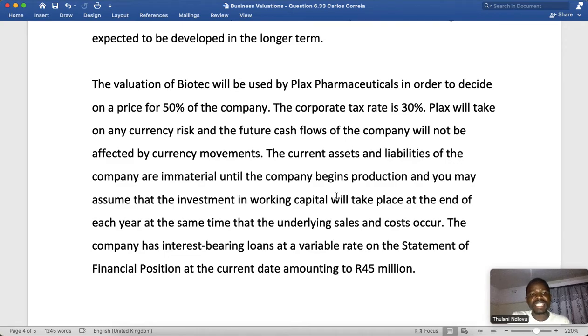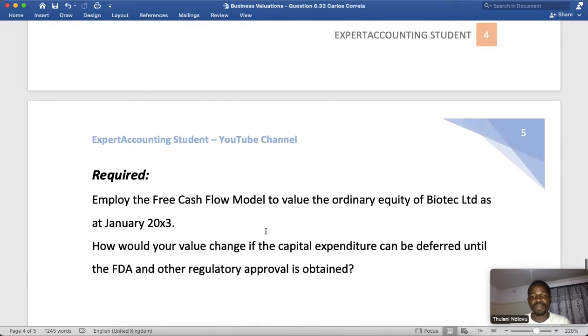The current assets and liabilities of the company are immaterial until the company begins production, and you may assume that the investment in working capital will take place at the end of each year at the same time that the underlying sales and costs occur. The company has interest-bearing loans at the rate on the statement of financial position at the current date amounting to 45 million. Then we are back to the required.